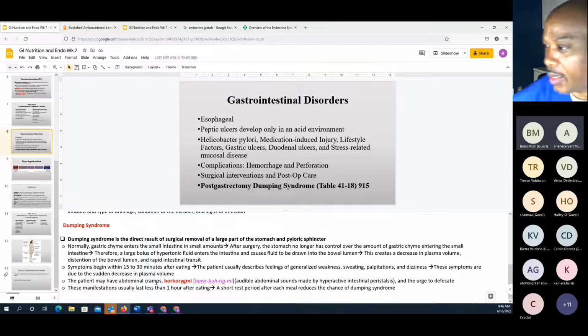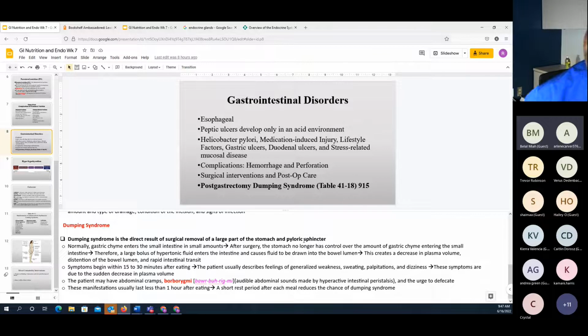All right, so right here is what I want you to focus on as well. Dumping syndrome is a direct result of surgical removal of a large part of the stomach, as well as the pyloric sphincter, which is the first part of the small intestine before you actually get to the duodenum.